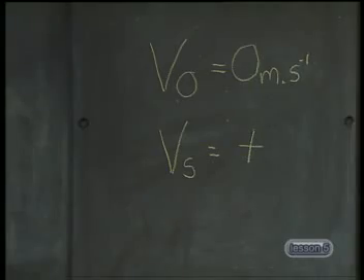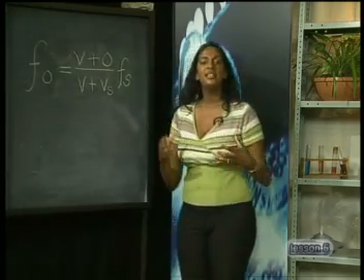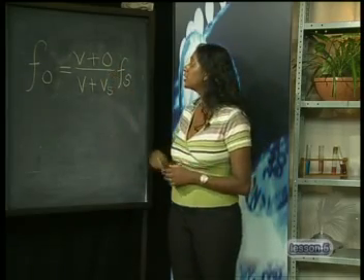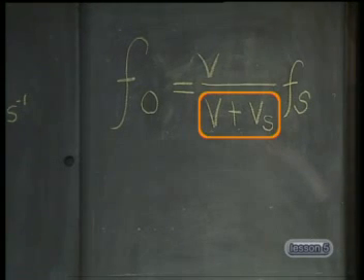Now, let's write down our given information. Since the receiver is not moving, we know that the observer velocity is 0 meters per second. The blood cell is the source of the wave, and it is moving away from the observer, so its direction is positive. If we substitute the value of vO equal to 0 into our Doppler equation, then the denominator of the fraction is larger than the numerator.